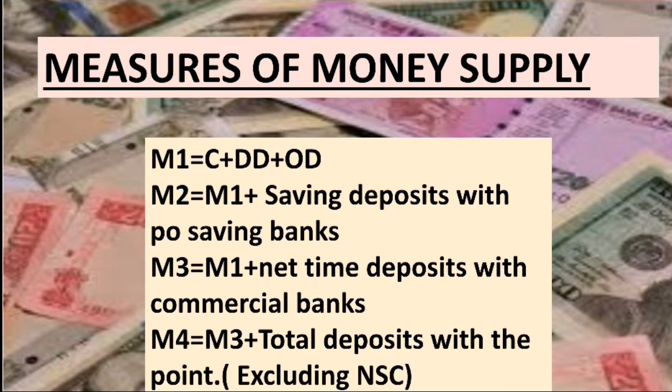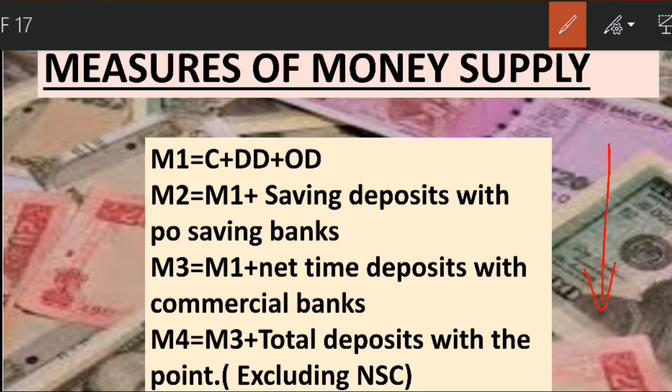All right, so there are four measures of money supply, okay, according to the Reserve Bank of India, on the basis of their liquidity. These are M1, M2, M3 and M4. M1 is most liquid. All right, as we go on moving like this, liquidity decreases, right? This is the most liquid, then this is somewhat less, this is somewhat less, and this is somewhat more less.